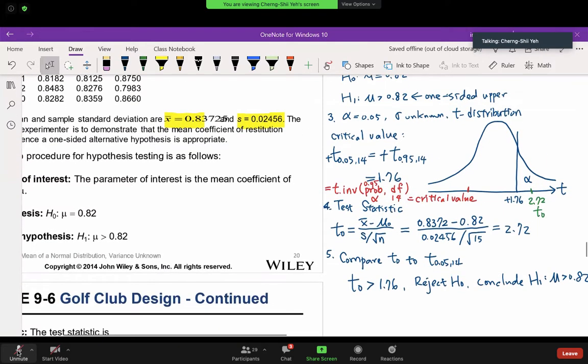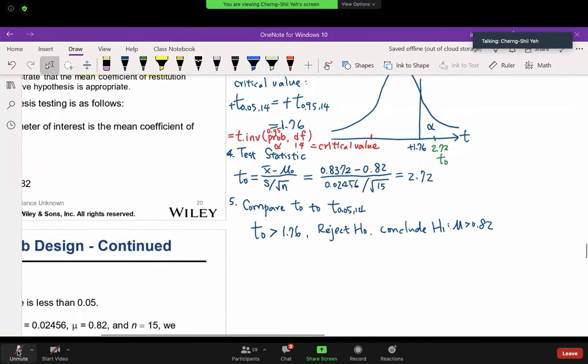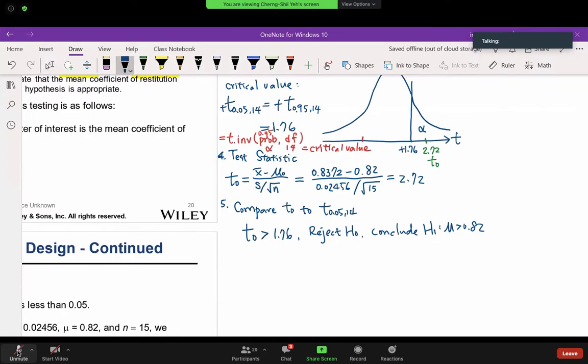Based on our evidence from the sample, yes. So the mean coefficient of restitution exceeds 0.82.